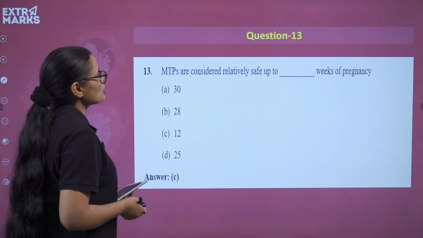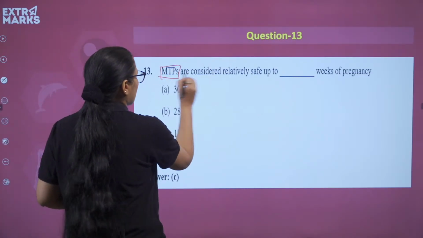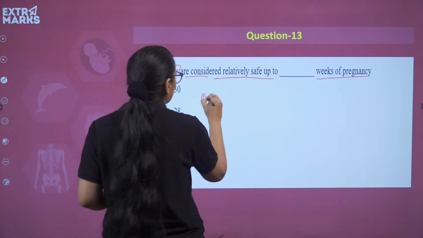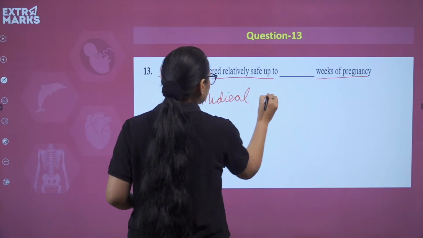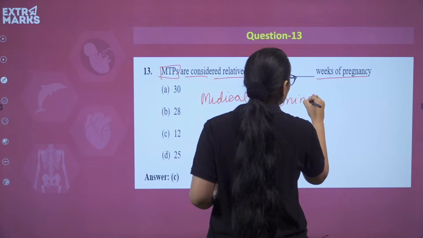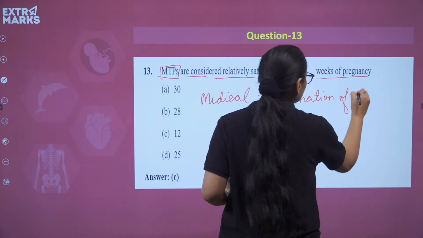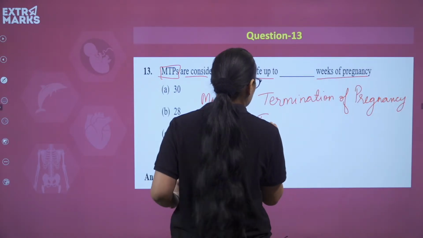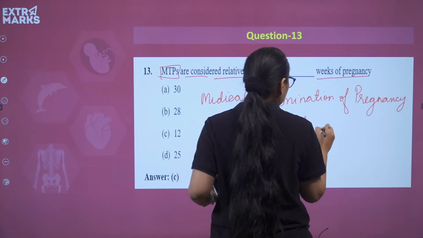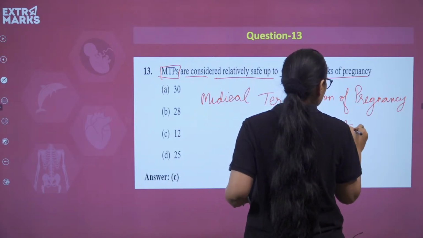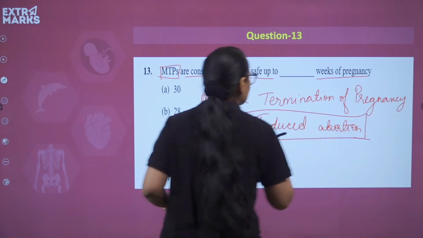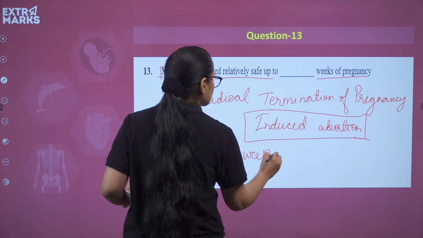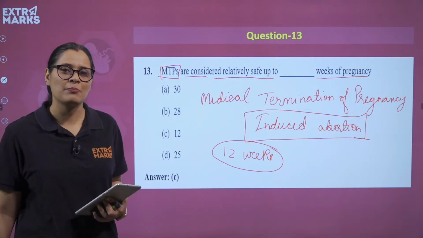The next question is question number 13, which says MTPs are considered relatively safe up to dash weeks of pregnancy. So your medical termination of pregnancy, also known as induced abortion, is safe up to 12 weeks, and that too when you take the advice of one medical practitioner.